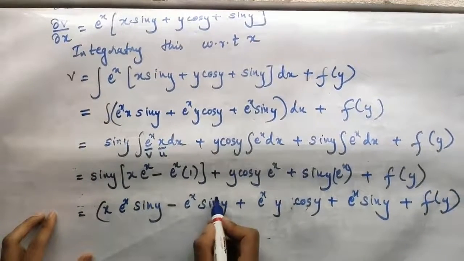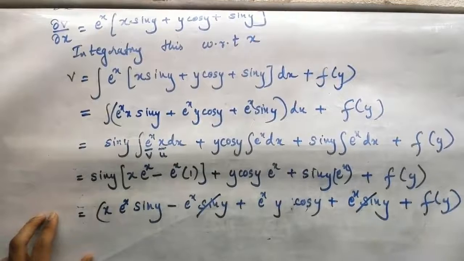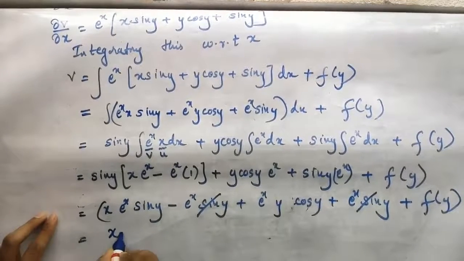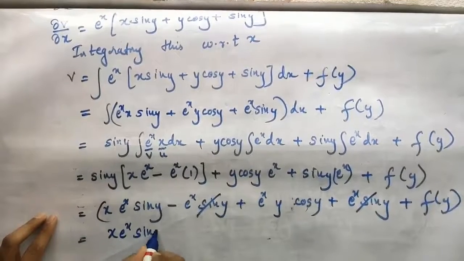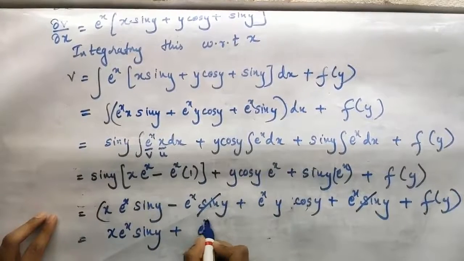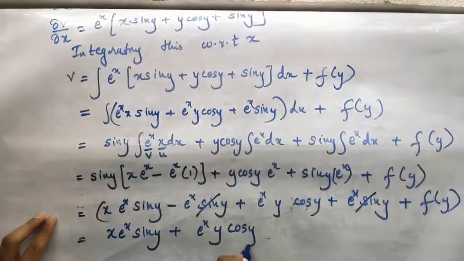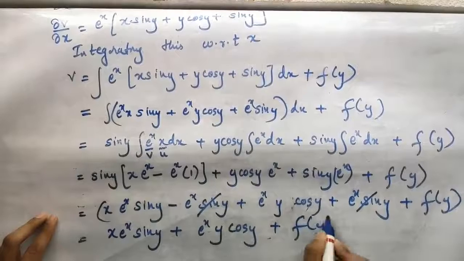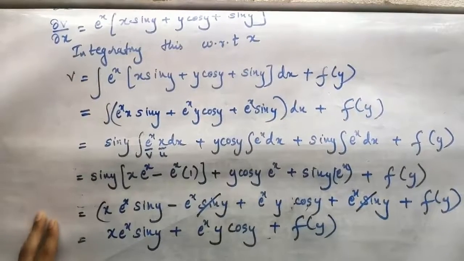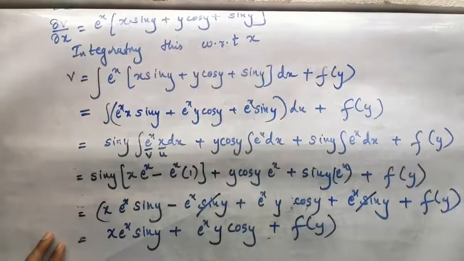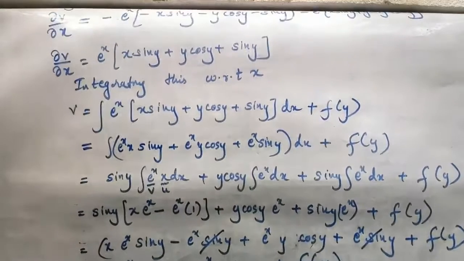Now you see that this term and this term are getting cancelled. So you have x into e to power x sin y plus e to power x y cos y plus an arbitrary function of y. So this is the solution for v for the first part of the equation, this part.